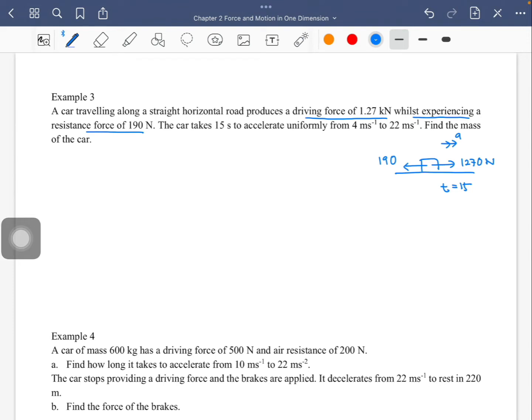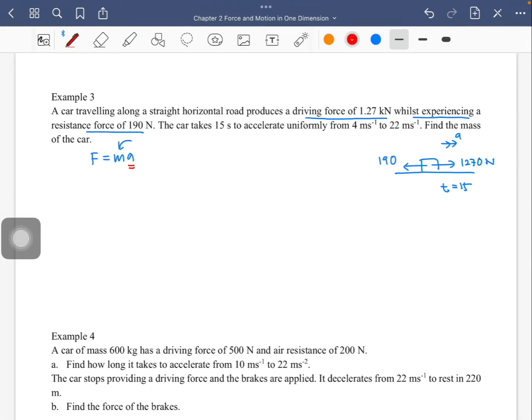Think about it: we want to find the mass. The mass variable, we can have it in Newton's second law, because in Newton's second law we have F equals mass multiplied by acceleration. But we don't have the acceleration, right? So we need to find the acceleration first.